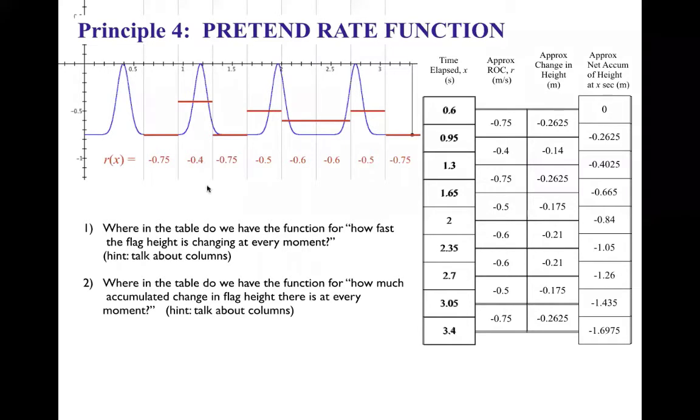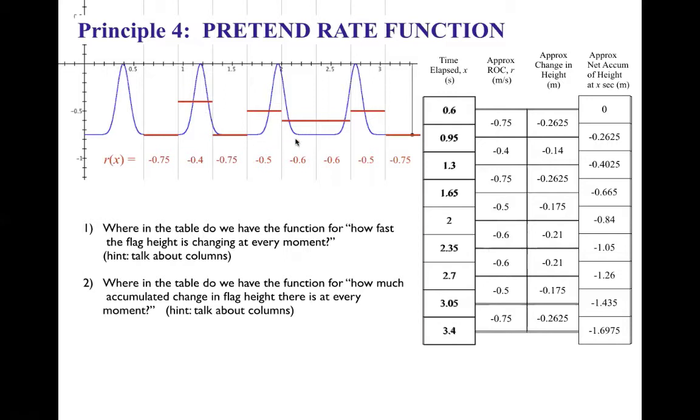And so the way that we did this was we estimated an average rate in every interval. We eyeballed it. We said, oh, look, it's kind of like all the rates from negative 0.5 to 0 and back to negative 0.75. And so as an average, as something in the middle, I said negative 0.4. And you might say negative 0.5, or you might say negative 0.45. So this was eyeball estimating the average rate in each interval to be the constant rate in that interval, okay?